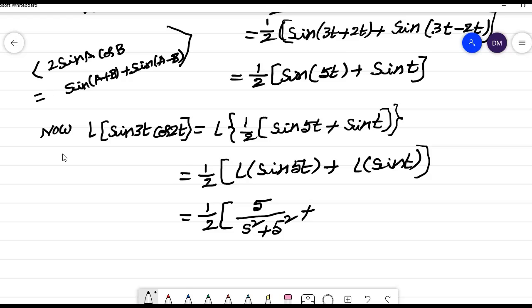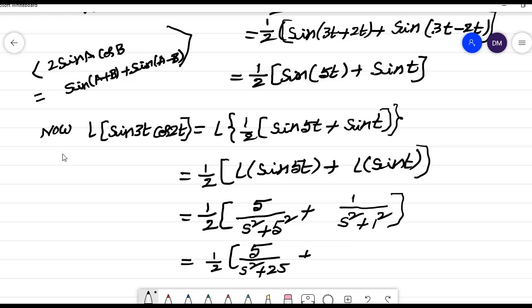This is also in the form of L of sine at, where a value is 1, so 1 by s square plus 1 square. So this is equal to 1 by 2 into 5 by s square plus 25 plus 1 by s square plus 1.